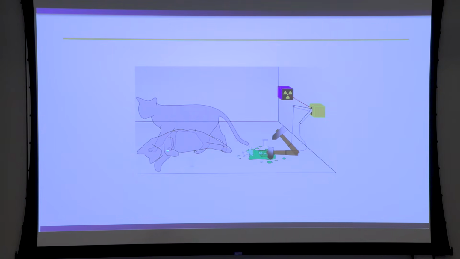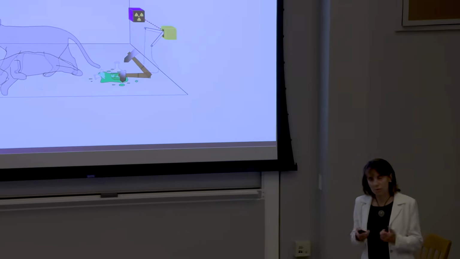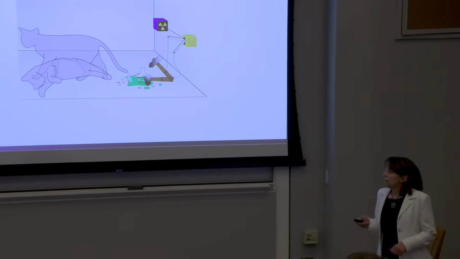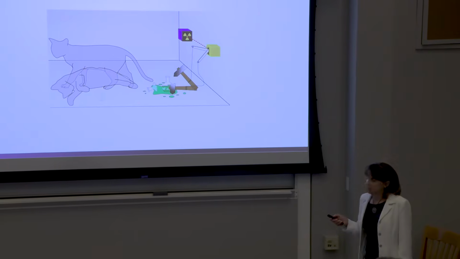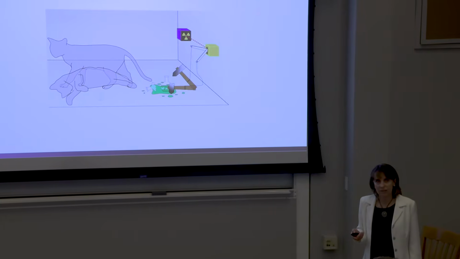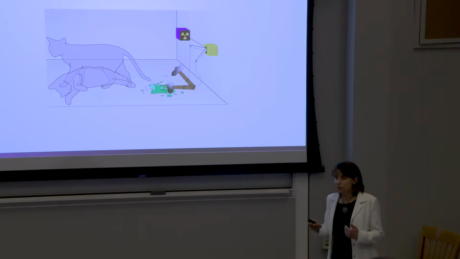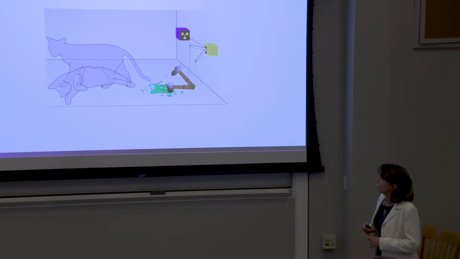So the question is, is the cat alive or dead? The point is that you don't know until you open the box. It is neither dead nor alive at this point, it is in a superposition of states, okay? So this is a different way to look at reality based on quantum chemistry.